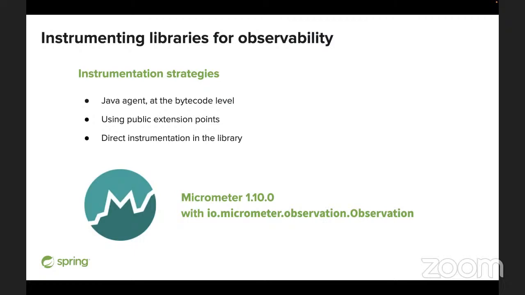You can use public extension points. That basically means whatever you want to observe, you add interceptors, filters, customizers, or some kind of callback API that the API can use to hook into it and provide the necessary infrastructure. The second one is what we use at the moment in the current generation.